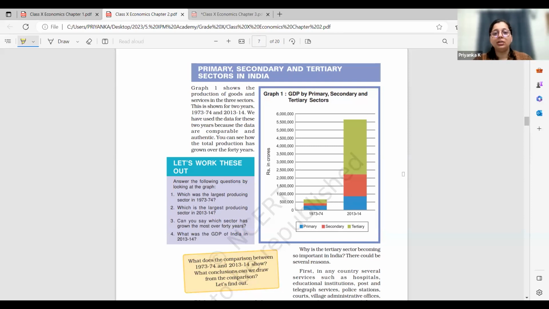Even now, a large number of people in our country are still employed in the primary sector, mainly because 60 to 70% of the Indian population is still living in rural India, and the majority of them are farmers, because of which the agricultural sector is the sector in which the largest number of people are employed in our country. But despite this, the tertiary sector is contributing largely to the GDP.